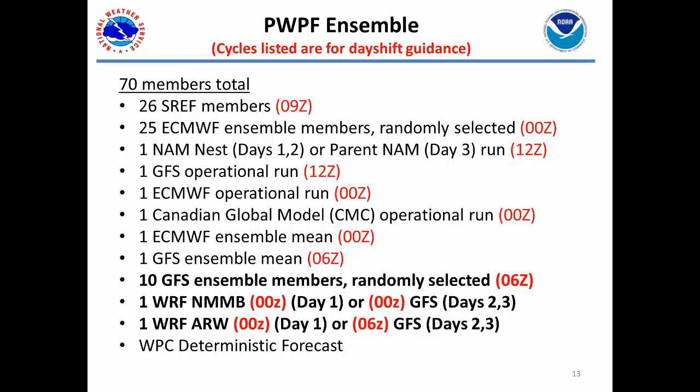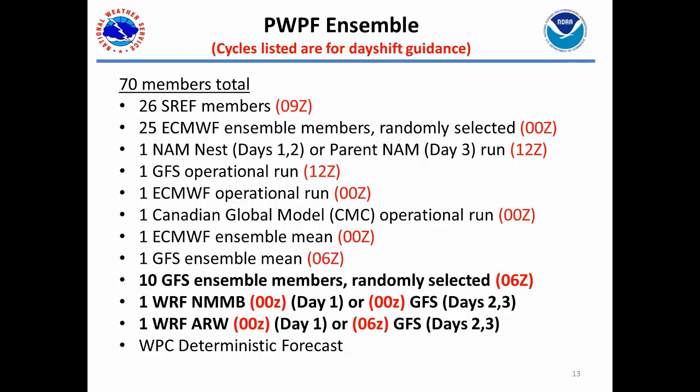Here's an overview of our PWPF ensemble. This is a multi-model ensemble composed of the members shown here. One thing to note is there are 70 members in total, and this includes the WPC deterministic forecast. I've highlighted a few changes for the upcoming season in bold.